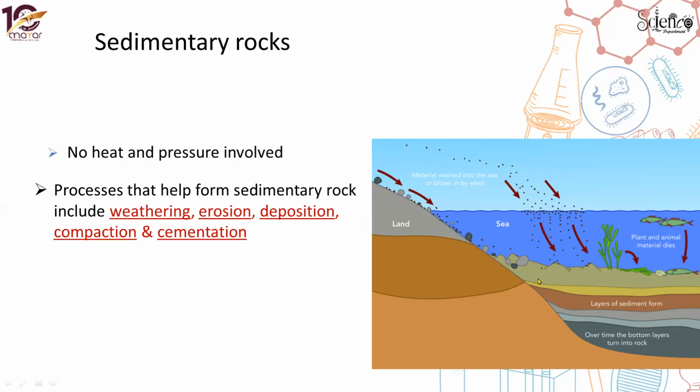These pieces go together here, deposition, and then a pressure acts on these sediments from the above layers. Over time, minerals and water found inside the sediments will glue these sediments together to form one rock, which we call cementation.